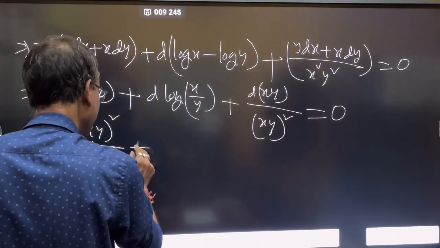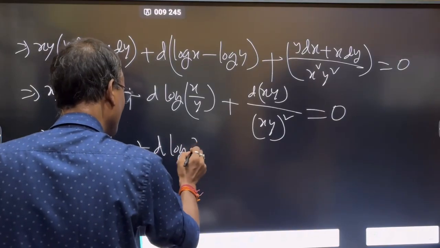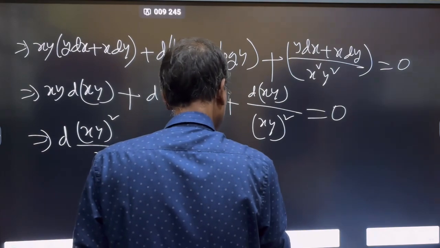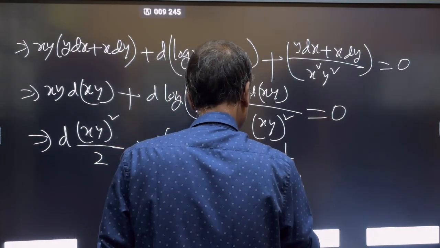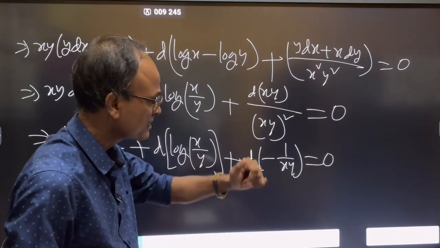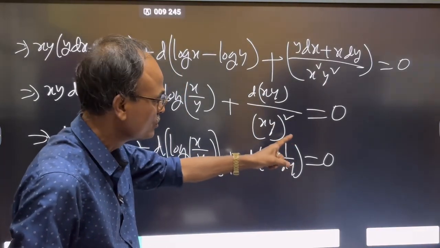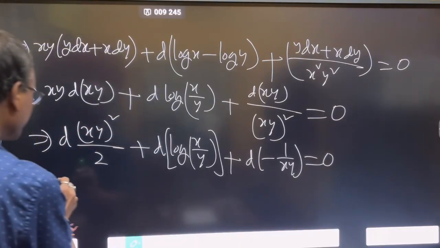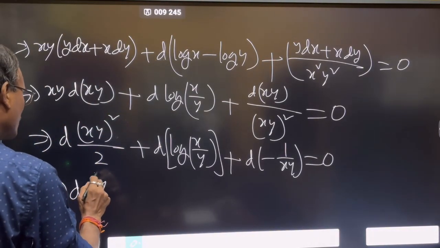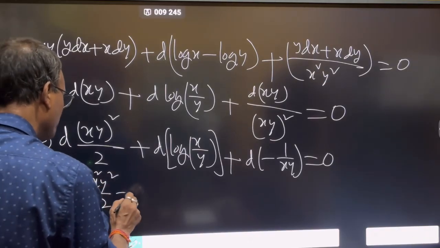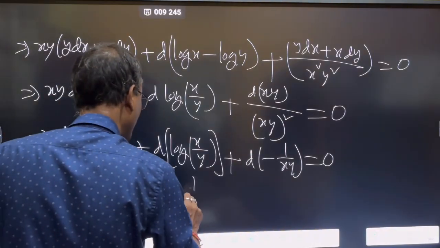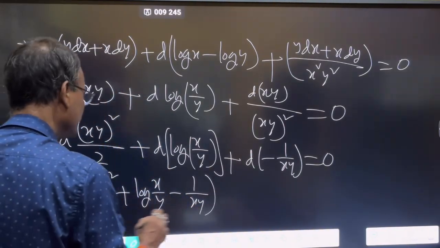You may write like this: d of log of x by y, plus d of minus 1 by xy. This is equal to minus xy whole to the power minus 2, d of xy. Or you may write d of x square y square divided by 2 plus log of x by y minus 1 by xy, this is equal to 0.